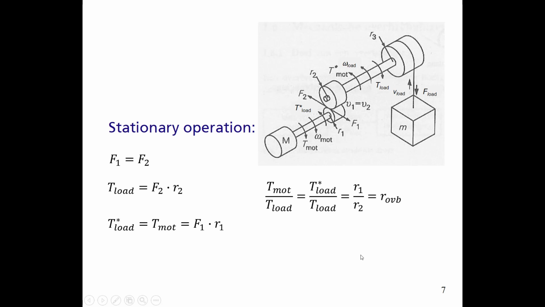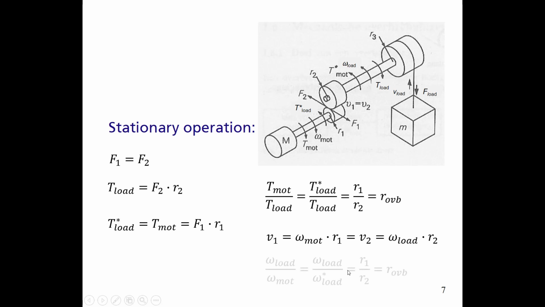From this transmission, we can also say that caused by this circumference here and the circumference there, V1 equals V2. So V1 is equal to omega motor times R1, so it equals V2, so it has to be equal to omega load times R2. So the angular speed over here times R2.